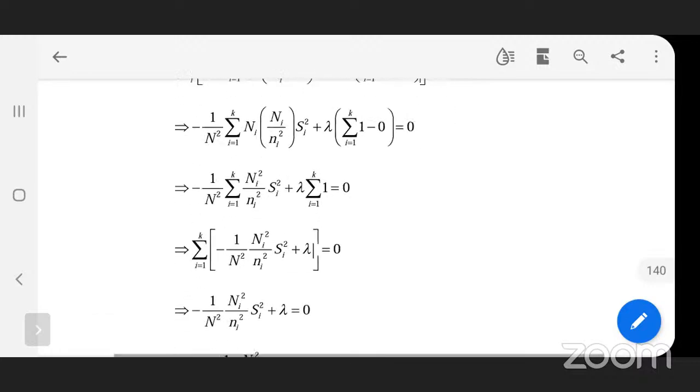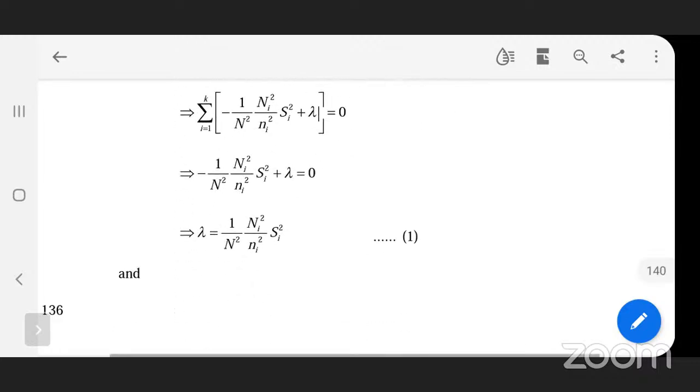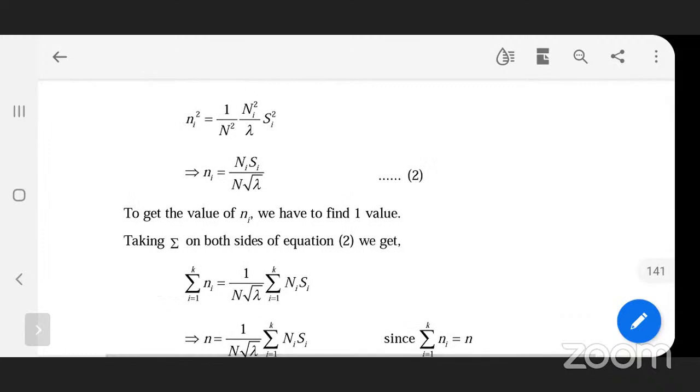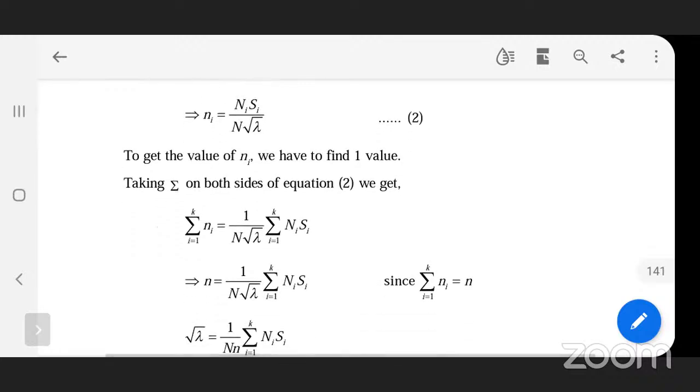So I can get the lambda value. If I substitute the lambda value, I can get ni equal to capital Ni into Si by N into root lambda. Now summation I equal to 1 to k, ni equal to 1 by root lambda into summation I equal to 1 to k, Ni into Si.